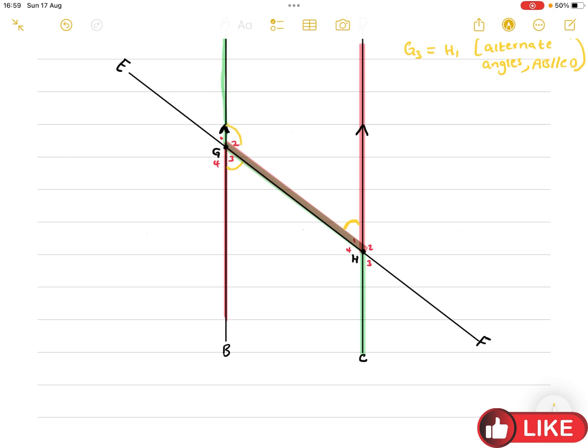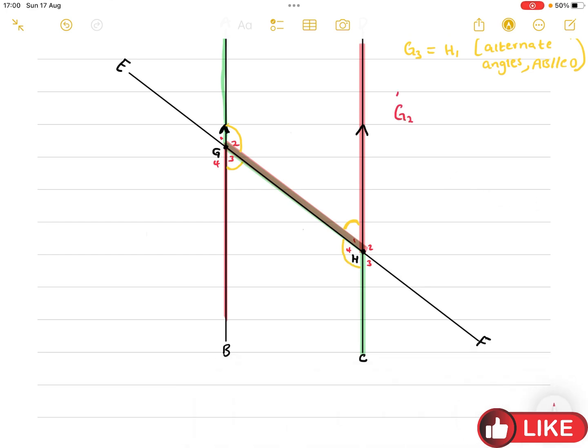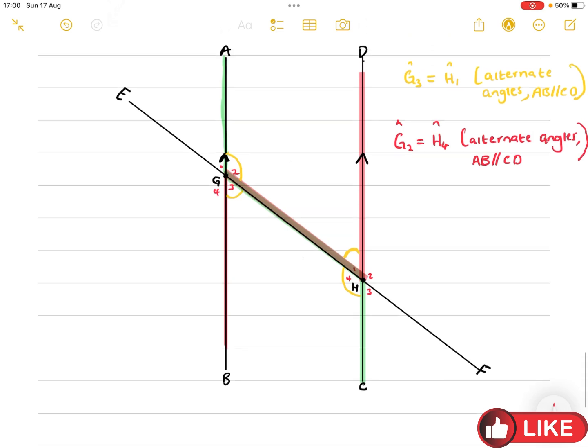It's a parallel line, then a transversal, and another parallel line. So here is my G2. G2 has to be equal to H4. The reason is that I'm looking at alternate angles. The reason is not enough if I do not mention the lines that are parallel: AB is parallel to CD. Then my reasoning is complete.